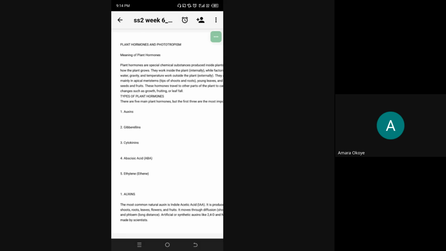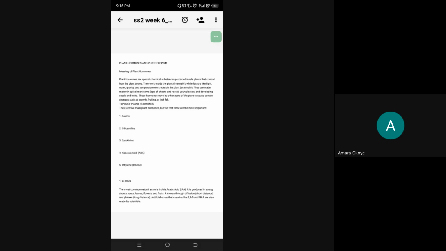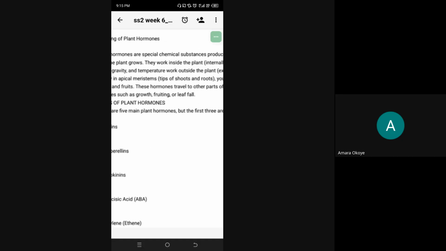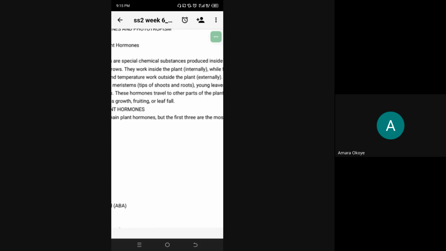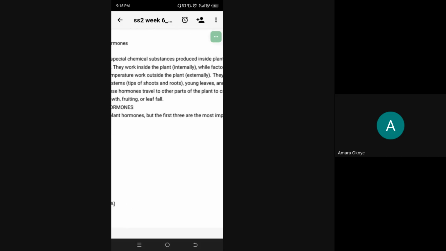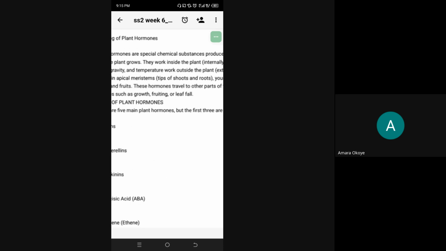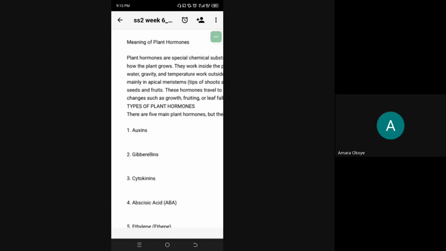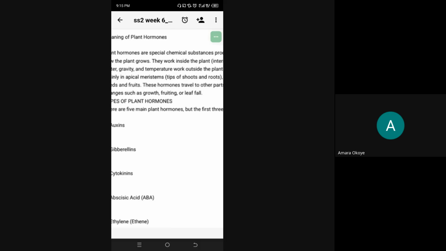They are made mainly in apical meristems, in the tips of shoots and roots, young leaves, and developing seeds and fruits. These hormones travel to other parts of the plant to cause certain changes such as growth, fruiting, or leaf fall.